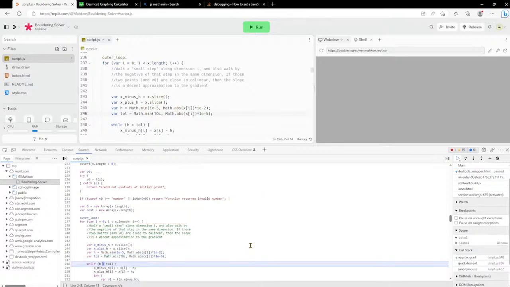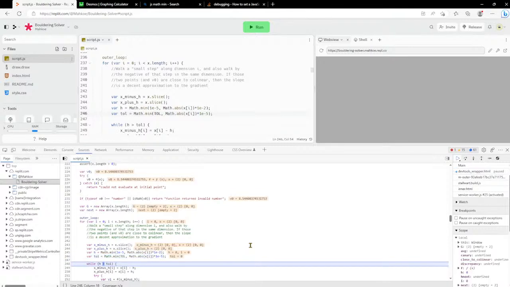Wait, why is H 0? Why is tolerance 0? Oh, well, I guess I do need the maximum. Although, oh yeah, okay, fine. Fine. Duh. I always get max and min.